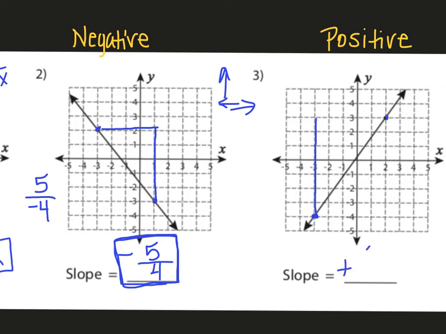I know you don't have to always put the positive there. I'm just showing you. And then going to the right, 1, 2, 3, 4, 5. So that would be 7/5. So the slope here is 7/5, or positive 7/5. Remember, that's m. Slope is the variable m.